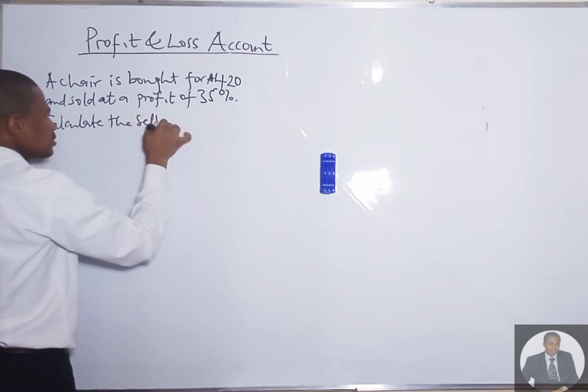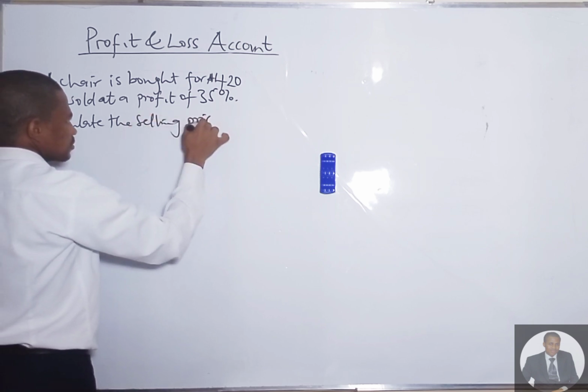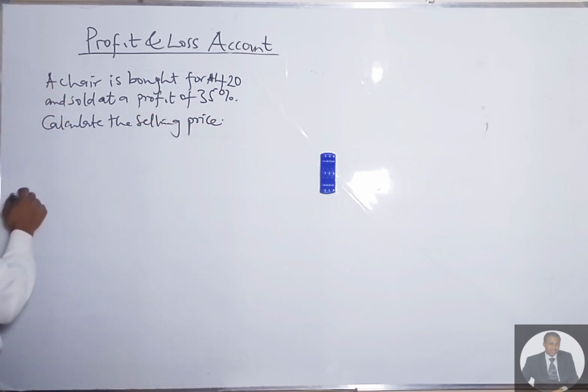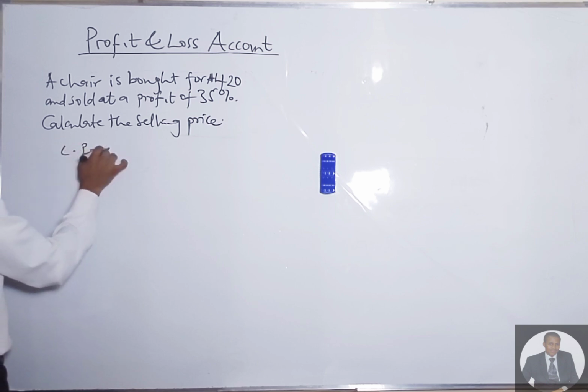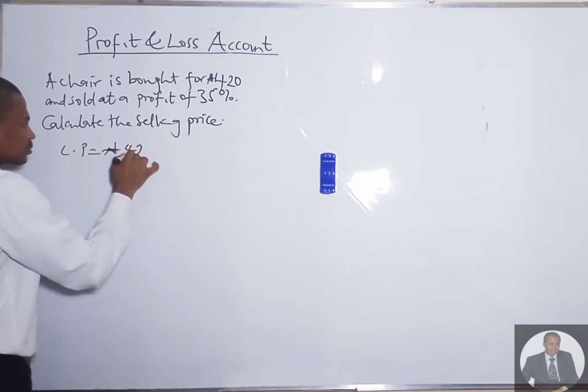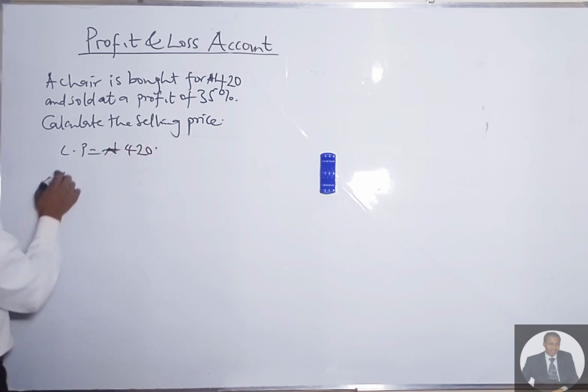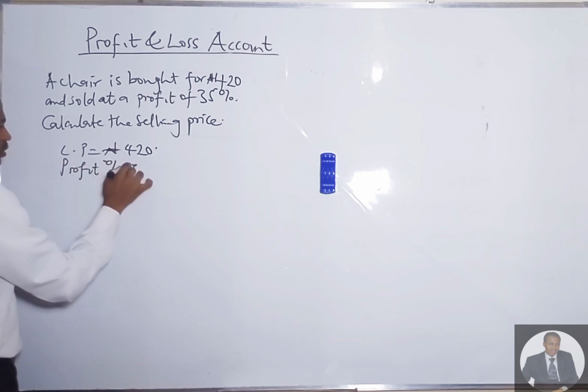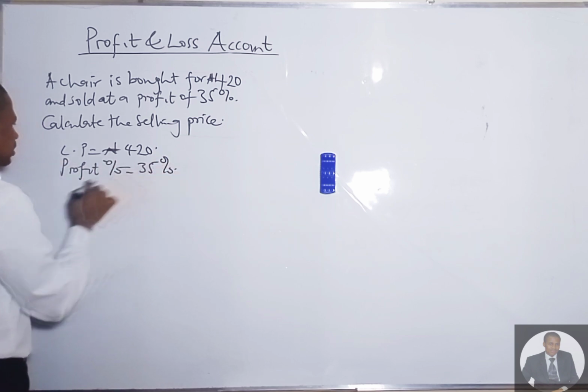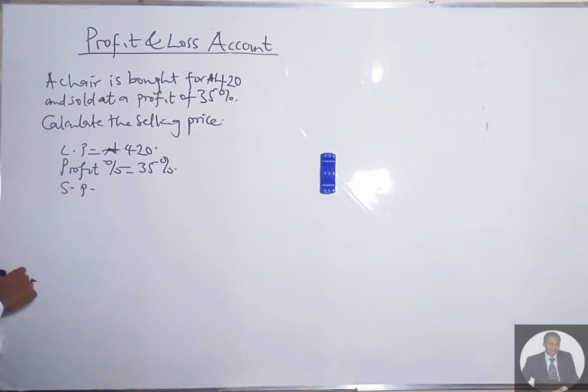Here we are given cost price, which is 420. We are given the profit percent, that is 35%. Now we have to find the selling price.